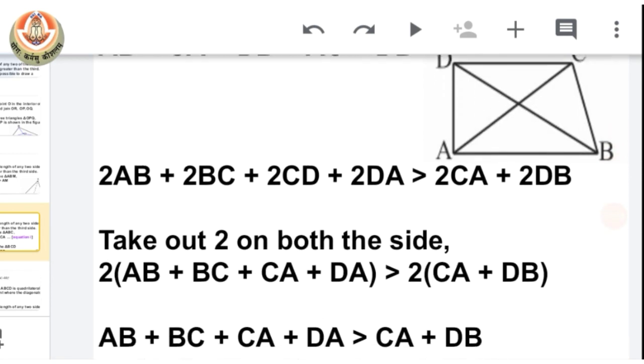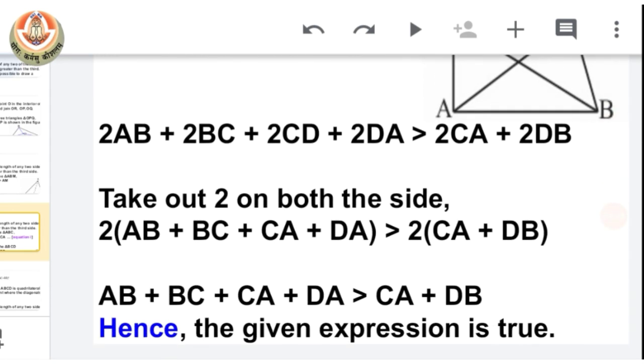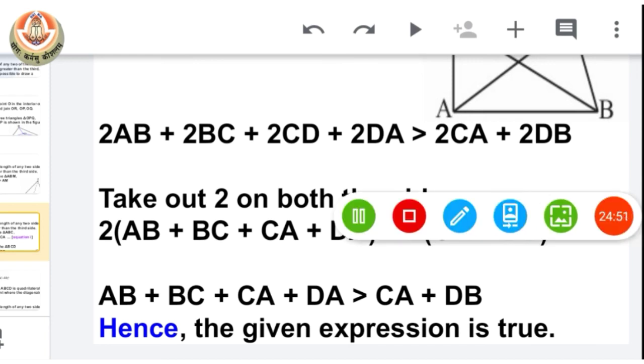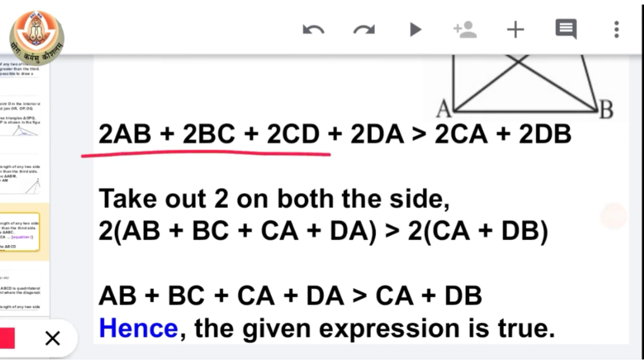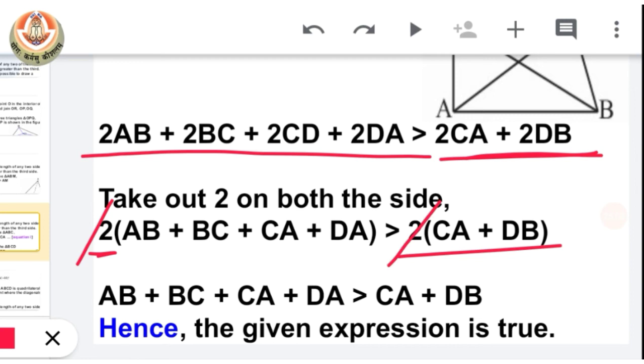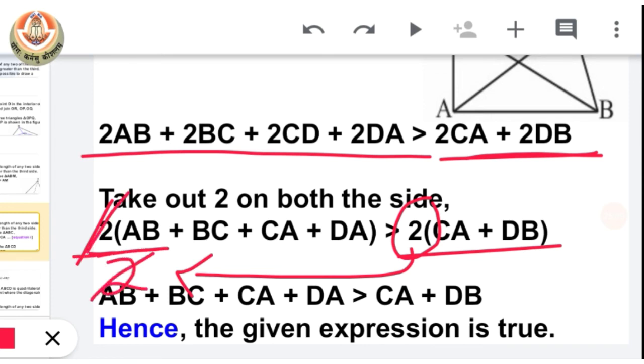After that we will take 2 as common, from all the sides of the quadrilateral and from all the diagonals. We can now cancel 2 with 2, as when this 2 comes to the other side of the greater than sign it will divide by 2, so we will get 1.